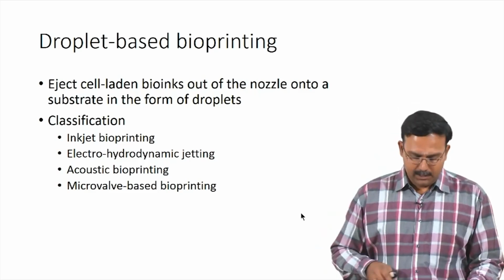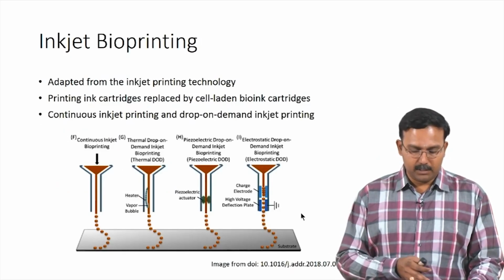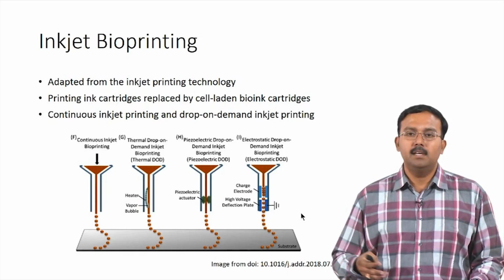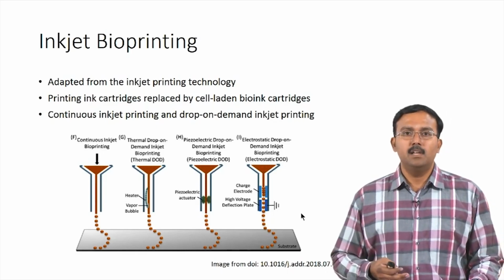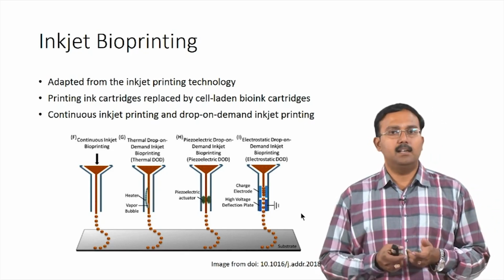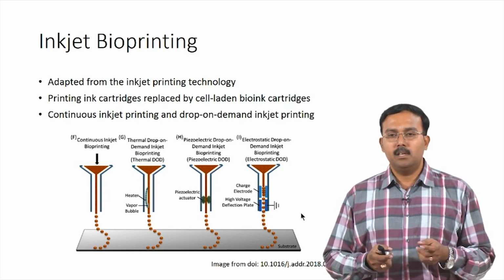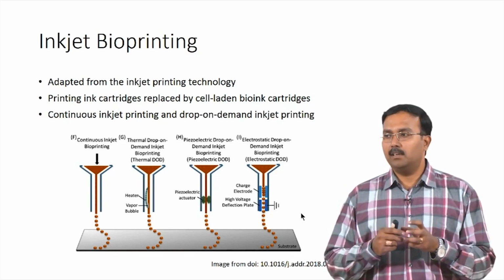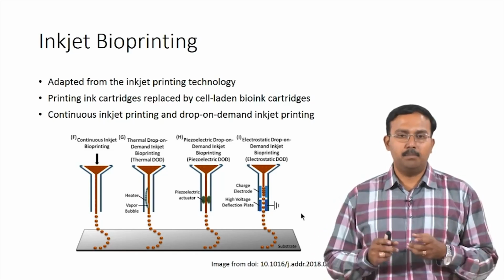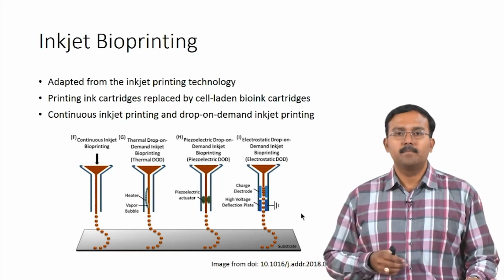So, this is a common inkjet bioprinting structure. It is adapted from the inkjet printing technology itself. The printing ink cartridges are replaced with cell laden bioink cartridges. The only thing is you need multiple axes to print, not just a single axis.